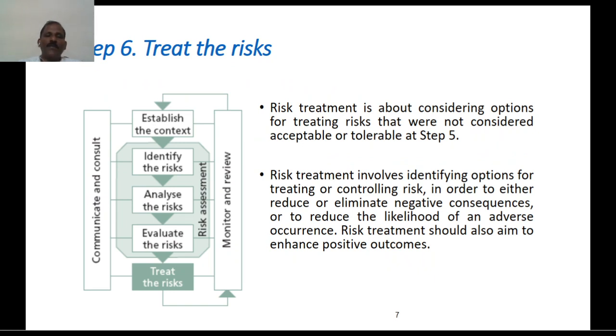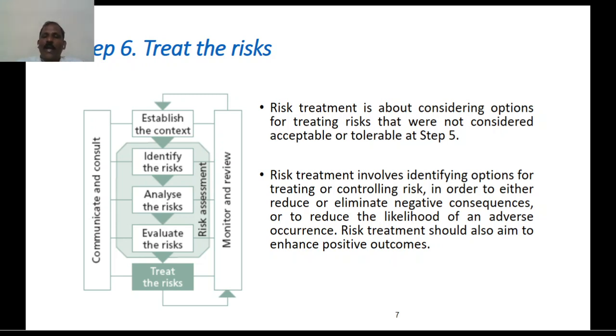Then step 6, treat the risk. After evaluation, risks will be prioritized and some accepted. At this stage, the sixth one, is treat the risk. Risk treatment is about considering options for treating risks that were not considered acceptable or tolerable at the fifth step. Those that cannot be tolerated should be treated.